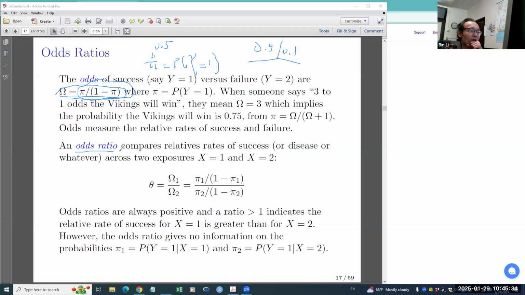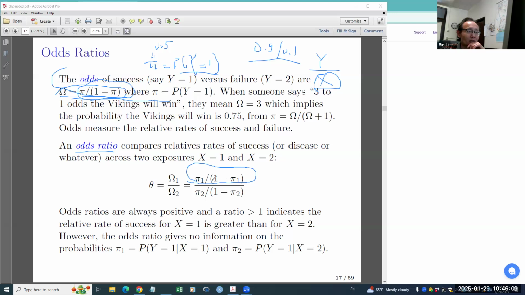So what is the odds ratio? Here the odds only involve one variable, y, right? Now we have two variables. One variable is y that shows the disease status. Another variable is the exposure indicator or the group indicator x. If we also consider x, then we can have two odds.